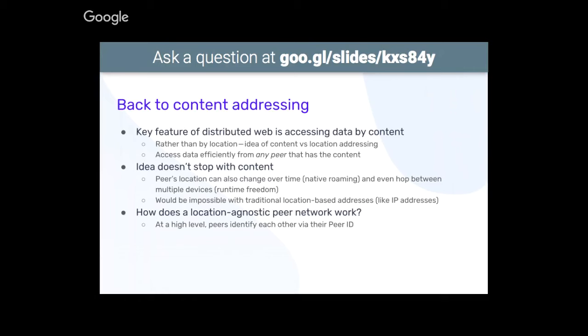You've got a bunch of clients, your phones, they submit data to the server, and then that server provides the content to everybody else. But in the decentralized web of the future, we can actually have location agnostic peer networks, which at a very high level just requires peers to identify each other by some kind of peer ID, which is pretty obvious.